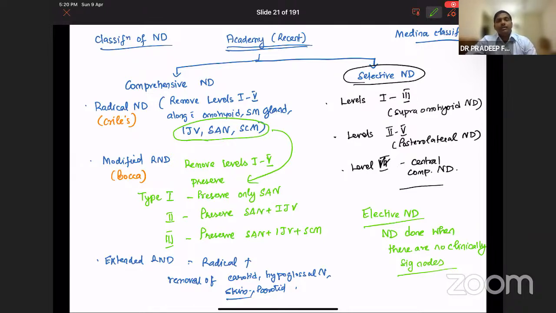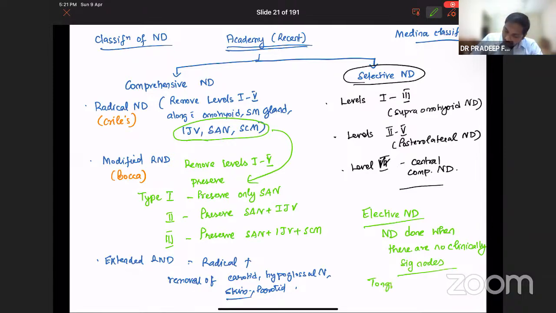Supposing a patient has a tongue cancer for which you are doing a wide local excision, you have to do an elective neck dissection by removing levels 1, 2 and 3 and also 4, because only in tongue cancers you have to remove level 4, because the chance of skip metastasis to level 4 is seen in 16%.